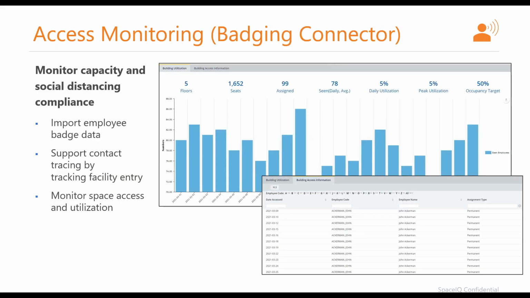Another item I mentioned is the ability to connect to a badging system in order to monitor capacity and social distance compliance as people return to the office. We know perhaps what people have booked.